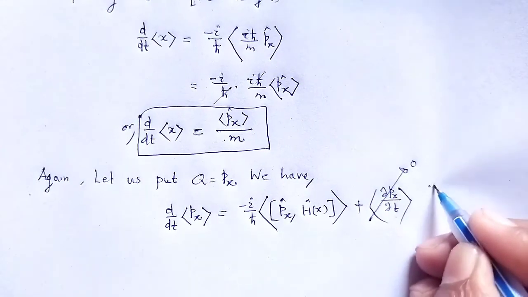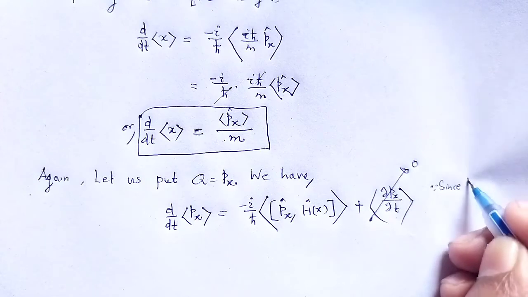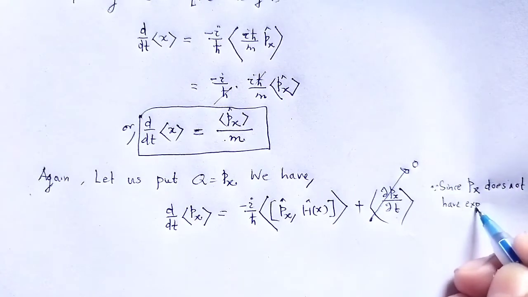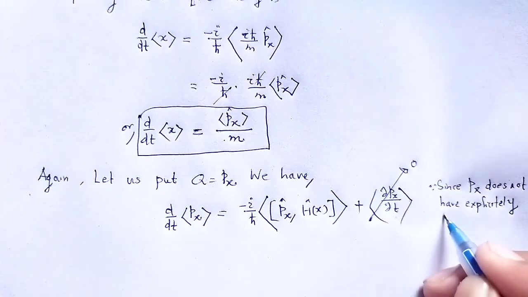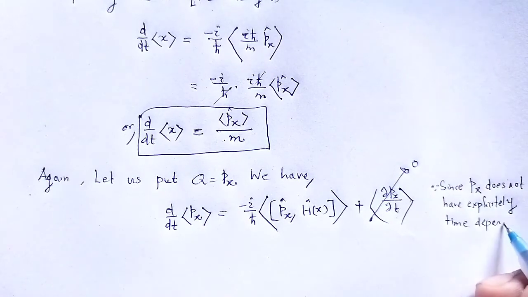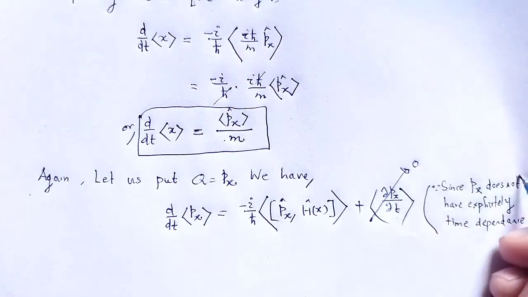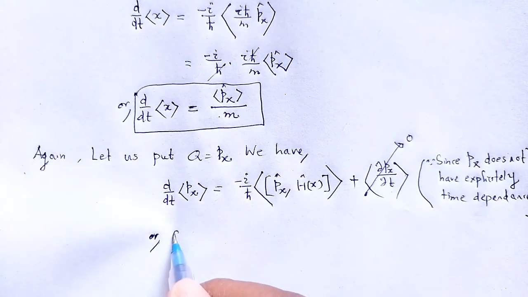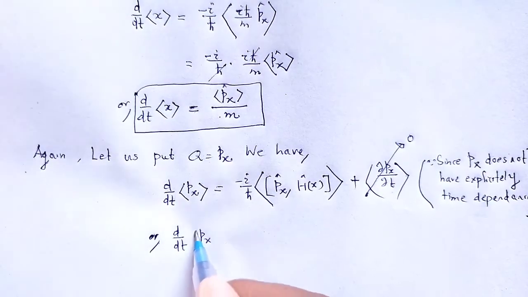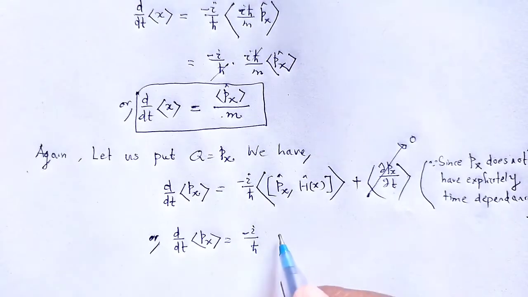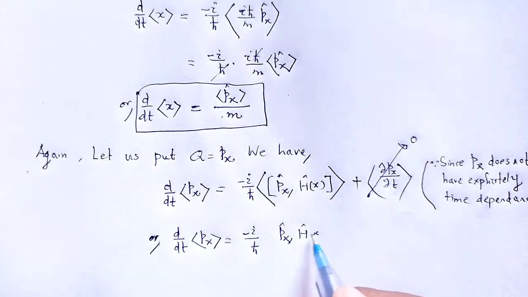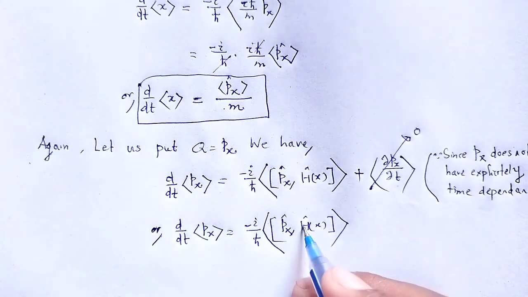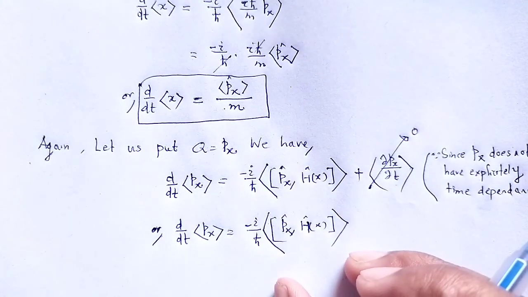So that equation changes to d Px expectation by dt equals minus i by ħ times the expectation of the commutator of Px cap and H cap. Our task is to evaluate that particular expectation value.